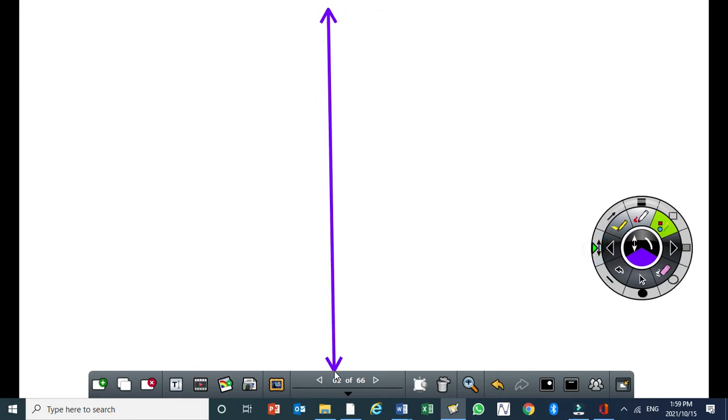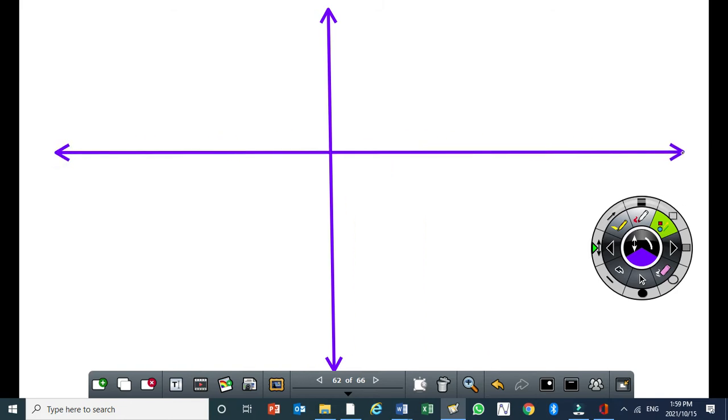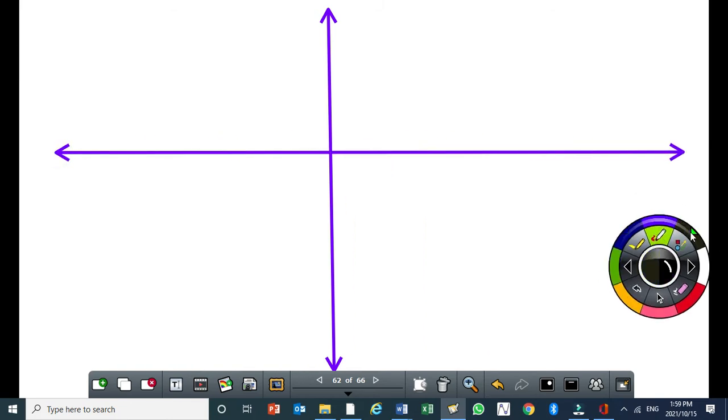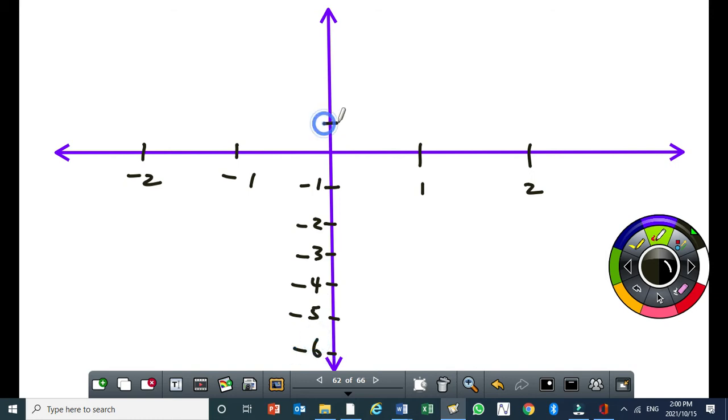So I've got -5, therefore I'll draw it like that. Then if I put 1 here, then I can put 2 there, maybe -1 there, -2. Then I can have -1, -2, -3, -4, -5. Then I can have -6 there. Then 1, 2, and then 3. Right, so first thing, you draw the horizontal asymptote and the vertical asymptote first.